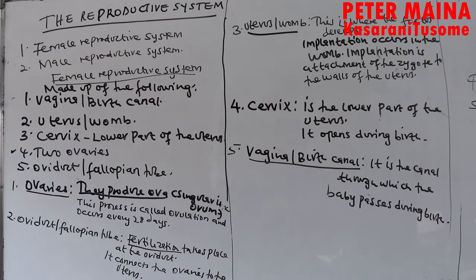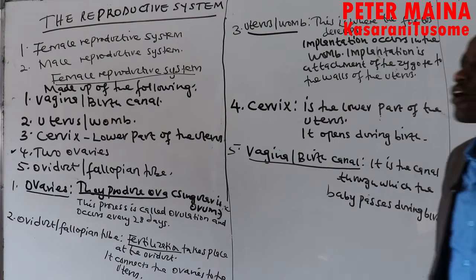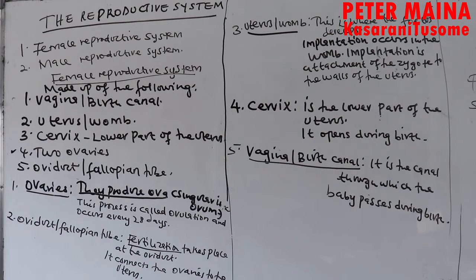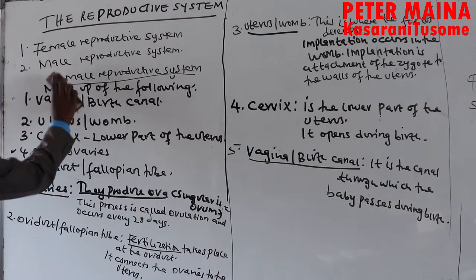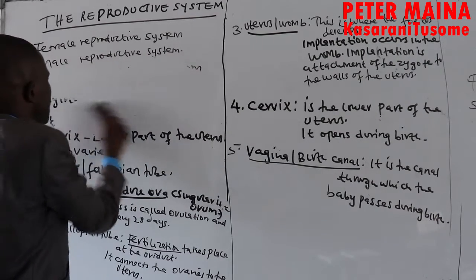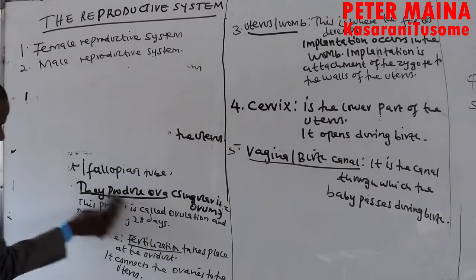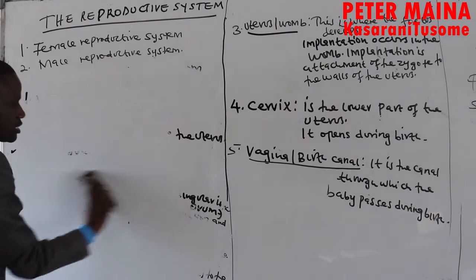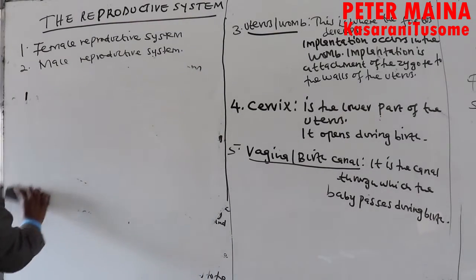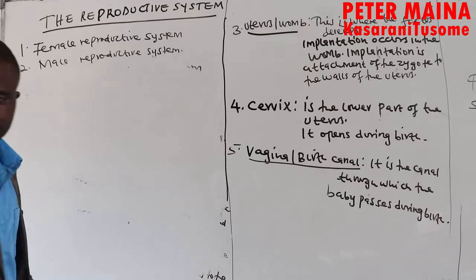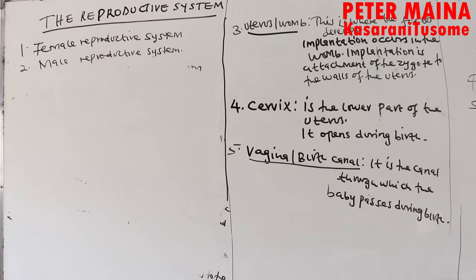Those are the components of the female reproductive system. We can move on to look at the components of the male reproductive system.